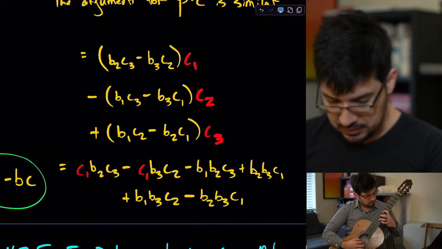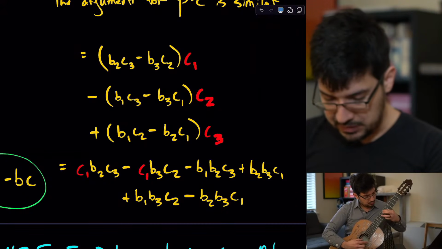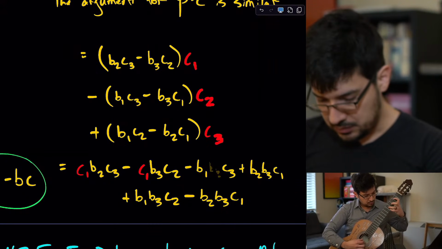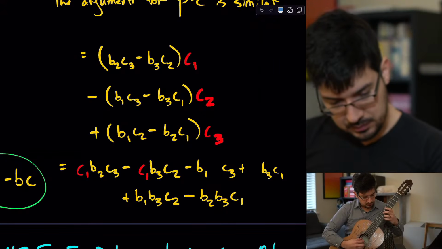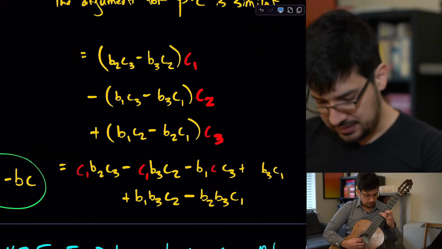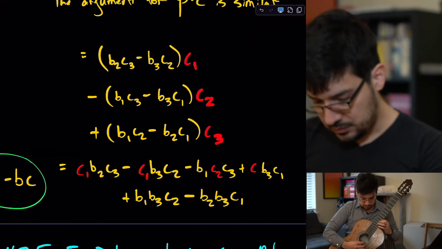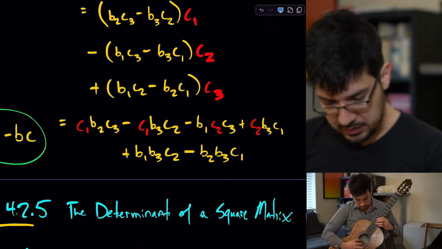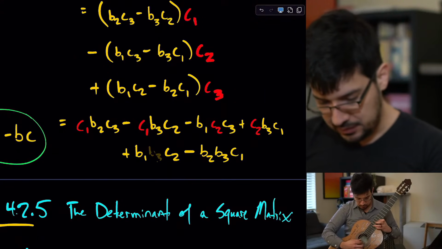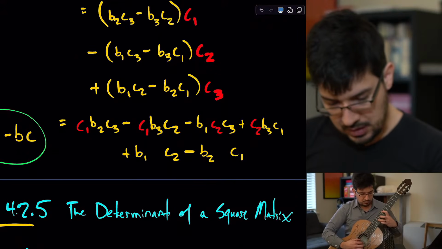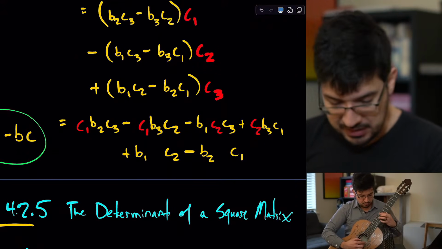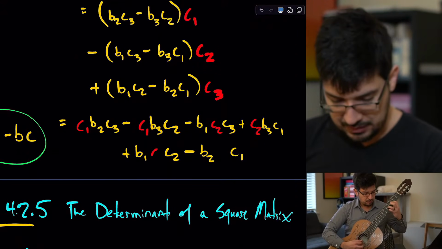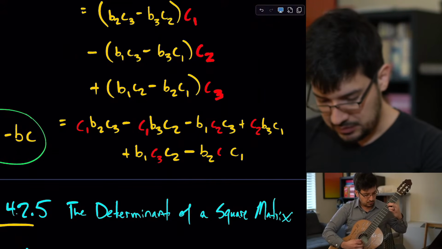In the third and fourth terms, we distributed B2. This time we're distributing C2. And then in the last terms, we distributed B3. My alphabetization is all broken, but it's okay.